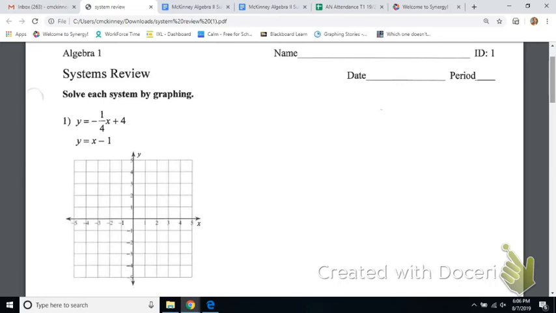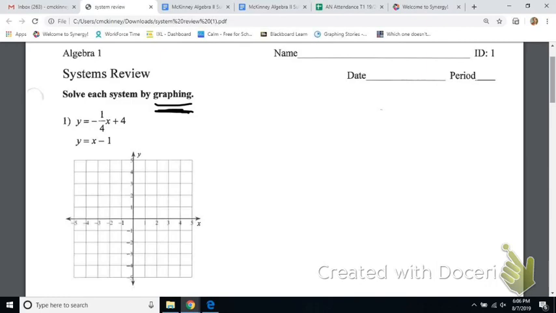So the first problem says that we are solving the system by graphing. So even if you could come up with the answer in a different way, the request is to solve it by graphing.